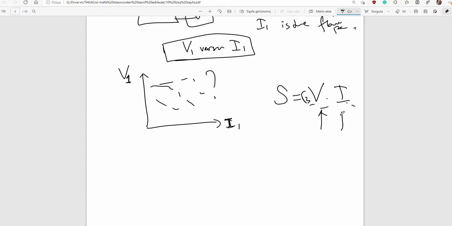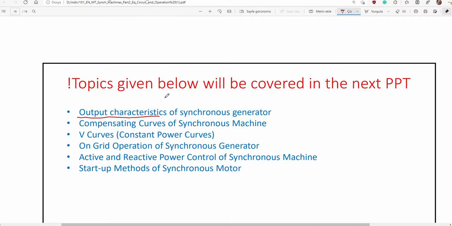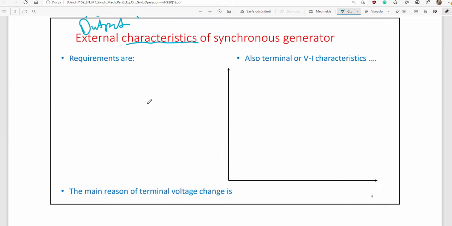Across parameter versus flow parameter at the output will give you output curves or output characteristics. Also terminal VI characteristics are called.